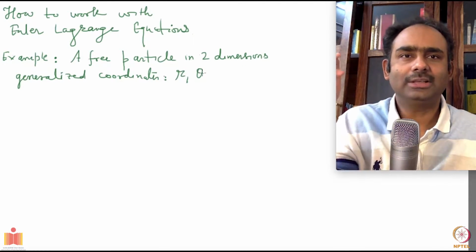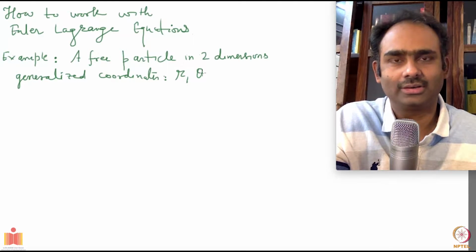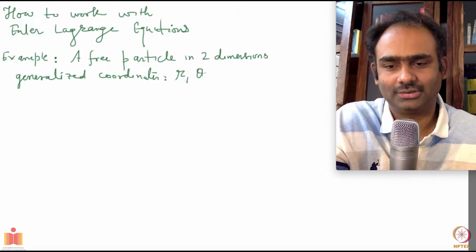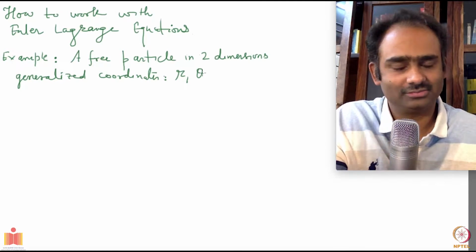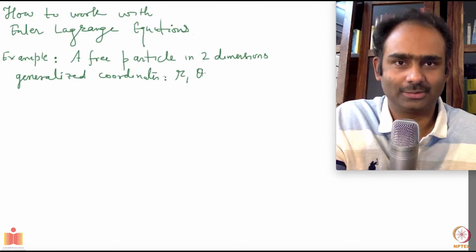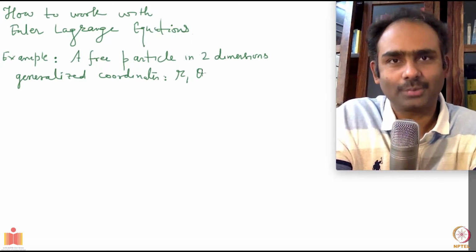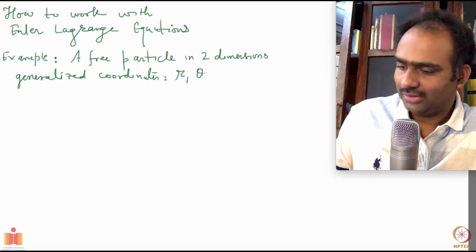And this will typically be the case. Most of the time you will be able to guess what the generalized coordinates are appropriate for the problem. In this case, r and theta and x and y, they are all equally good. Actually, x and y will be even nicer, the Cartesian ones. But generally the symmetry of the problem will dictate to you what should be the generalized coordinates. Okay, so let's take this.